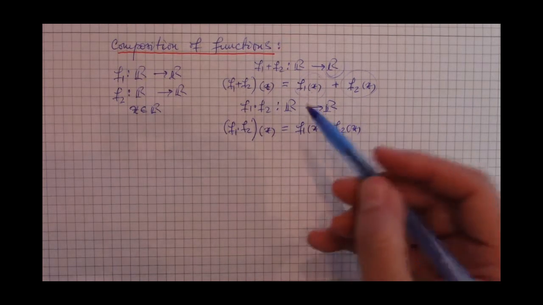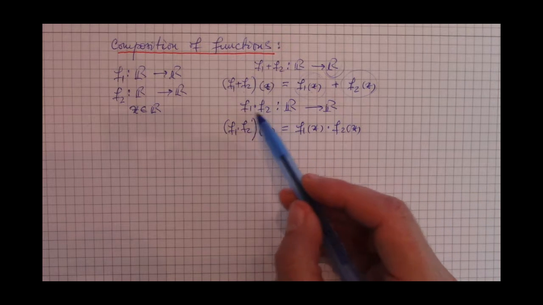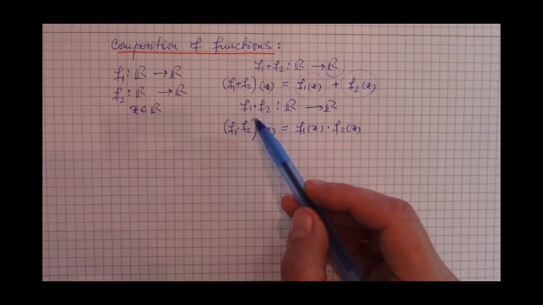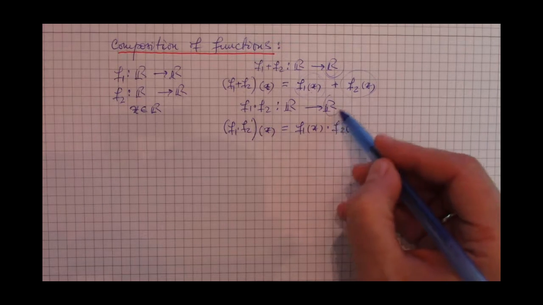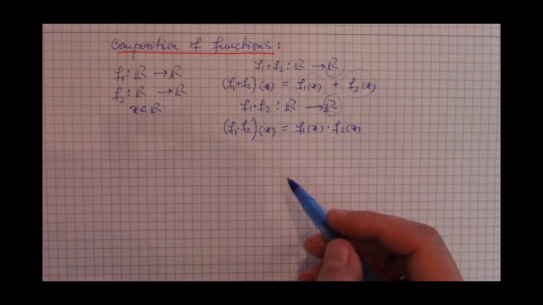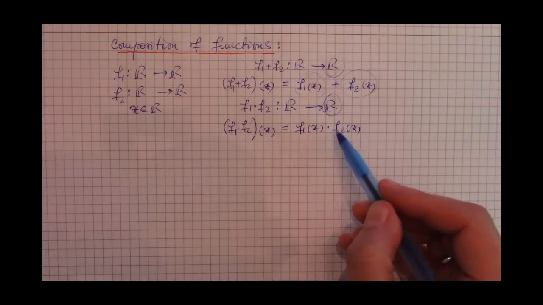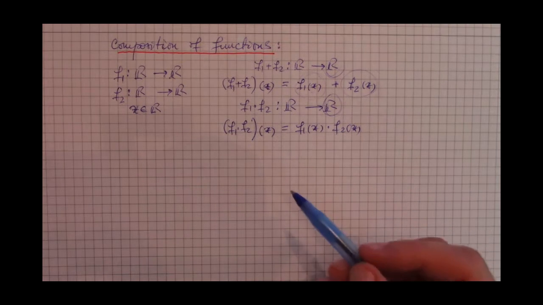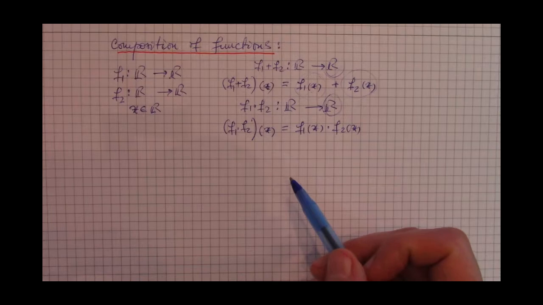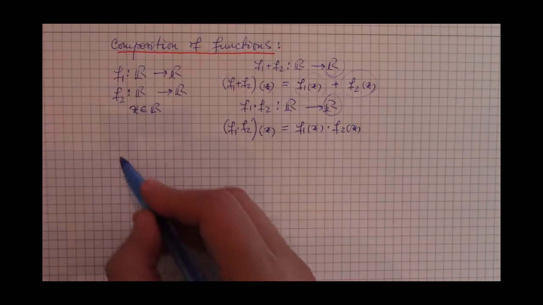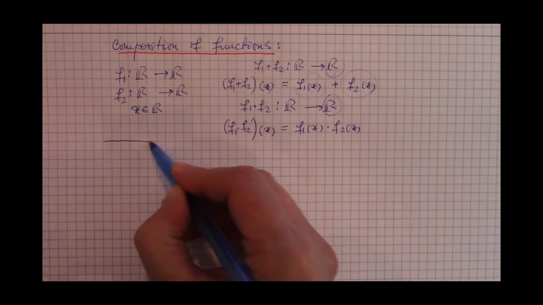Again, this is another function based off of f1 and f2, but we were able to do so just because the set of real numbers has an addition and a multiplication, and we can continue to do so, right? So this is fine, but this is not what functions introduce.